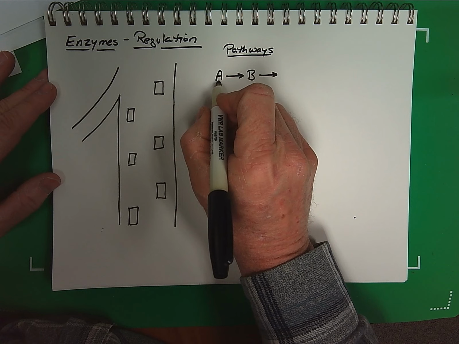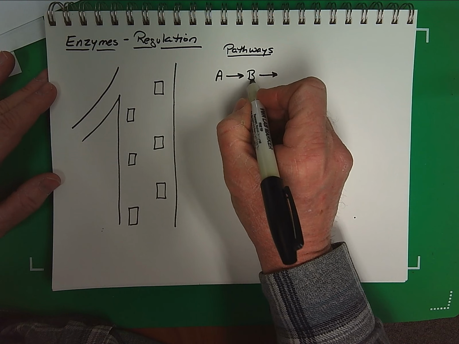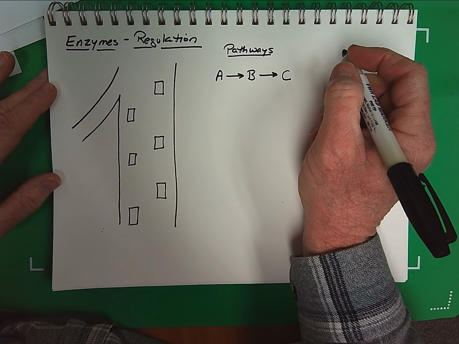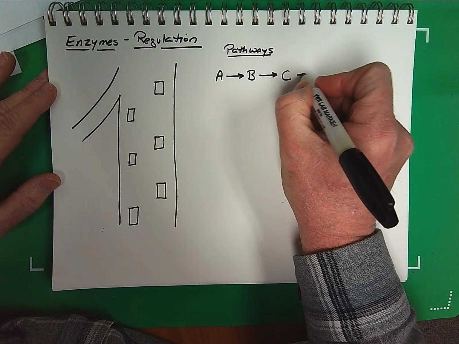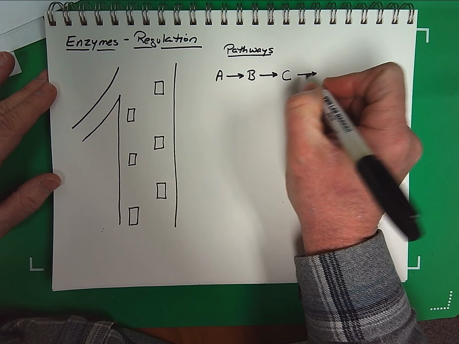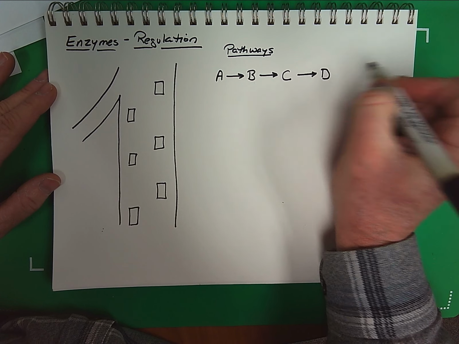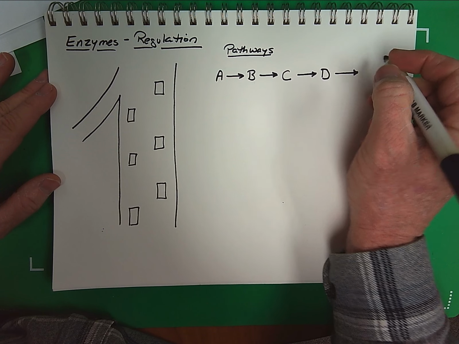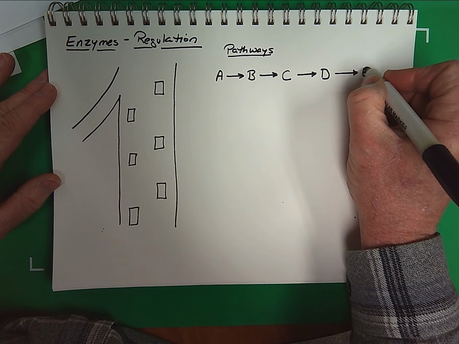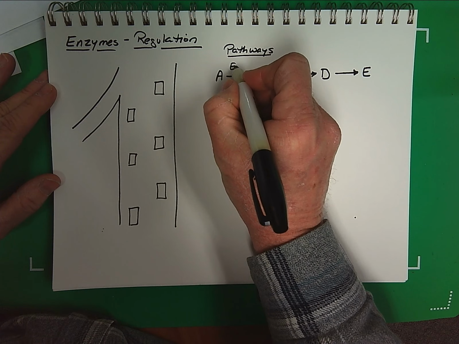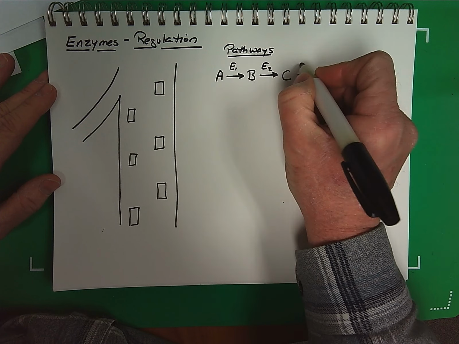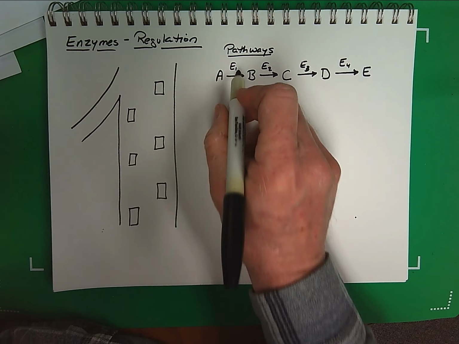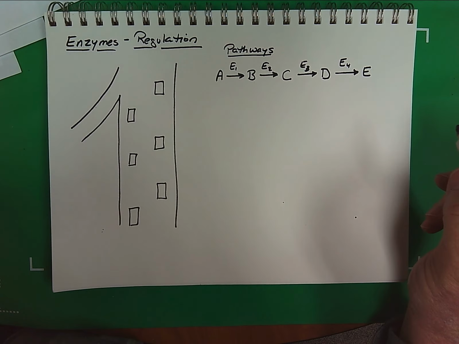So substrate A becomes product B, but then product B is a substrate to make product C. Likewise, product C becomes substrate for the next reaction to become product D. Product D then becomes a substrate for the subsequent reaction to form product E. And of course, each one of these reactions is mediated by a separate enzyme, and I will abbreviate these by E1, E2, E3, and E4.